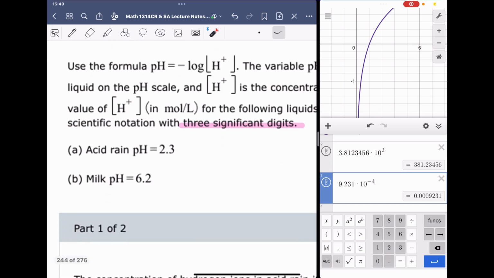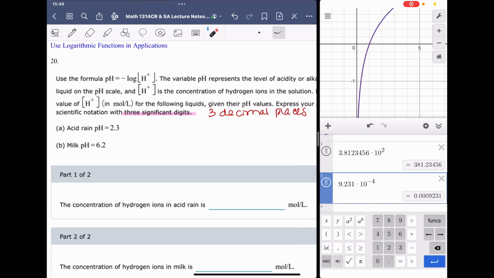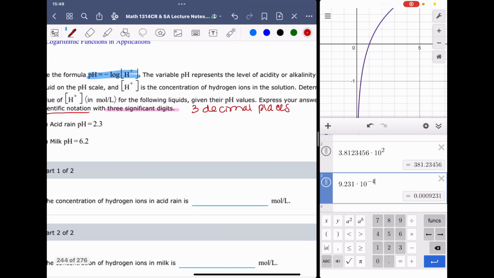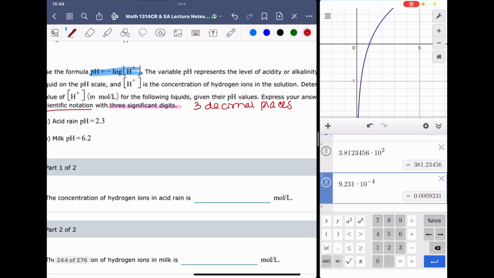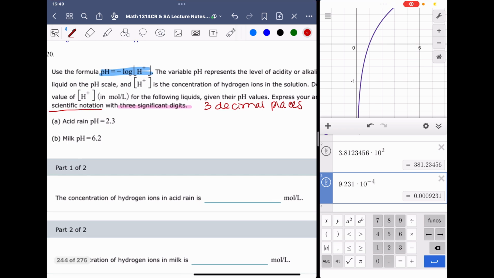Remember, the exponent is just based on how you moved it. So we're using this formula right here, and our answer has to be in scientific notation. It says the concentration of hydrogen ions in acid rain is blank moles per liter. So there's a shortcut here.